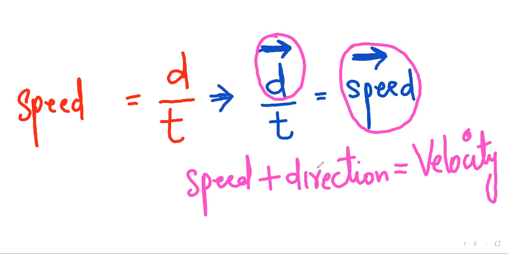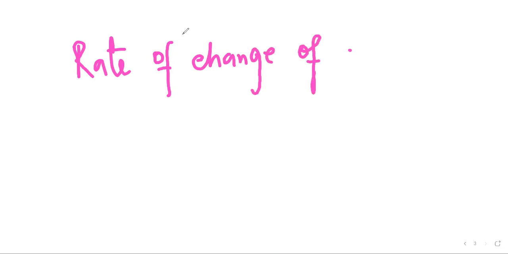So how would we define velocity? Velocity is defined as the rate of change of displacement.